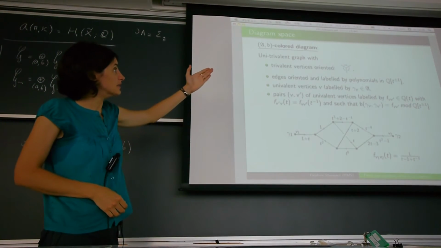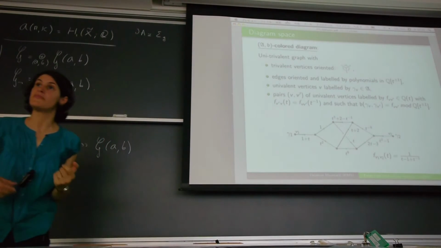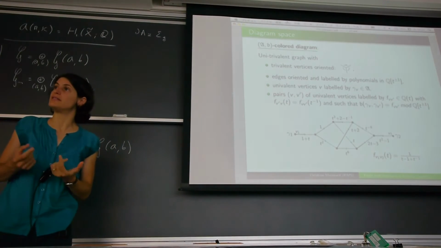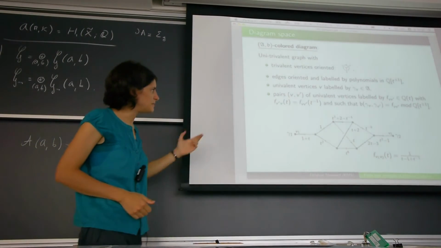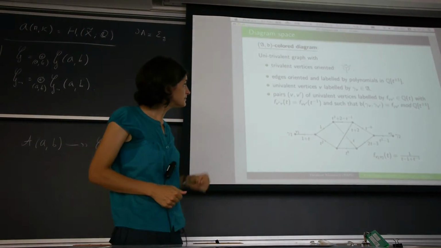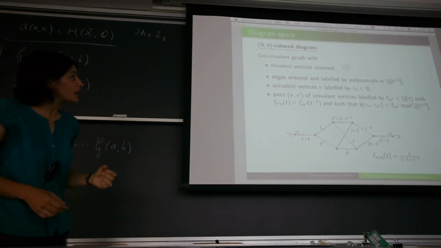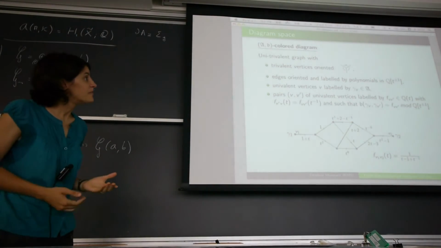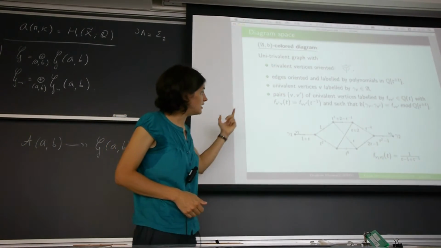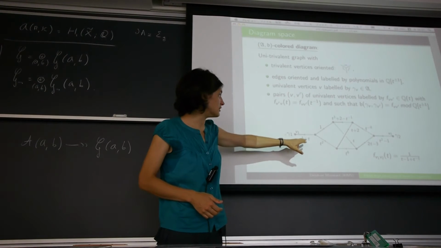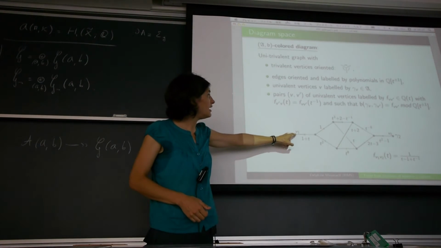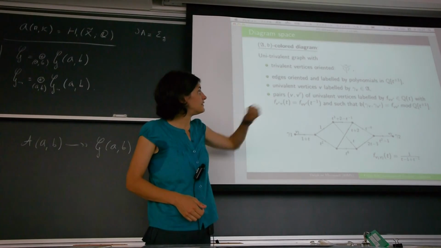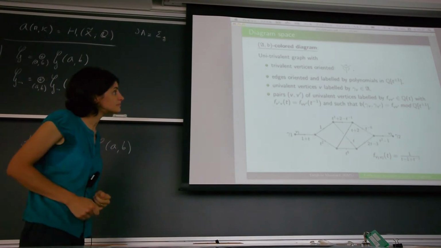So first, the trivalent vertices are oriented, meaning that we have a cyclic order of the three edges meeting at the vertex. So in the pictures, I always consider this one. The edges are oriented and labeled with some Laurent polynomial with rational coefficients. The univalent vertices are labeled by elements of the Alexander module.